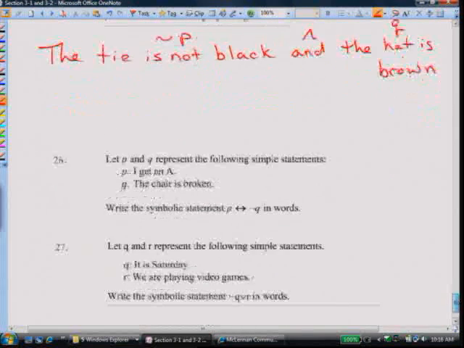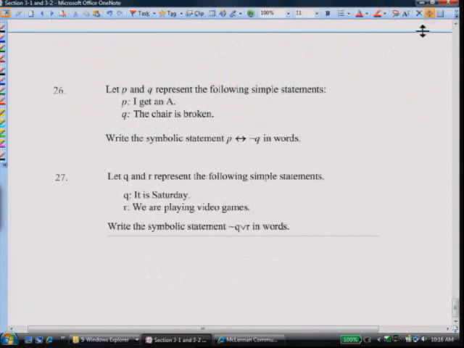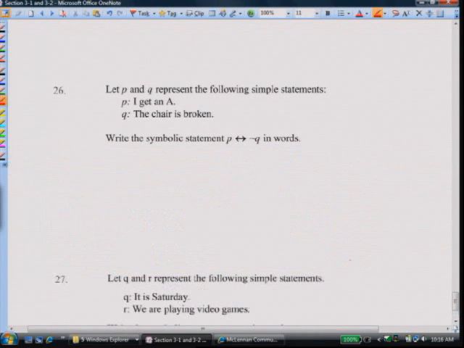Okay, one more or two more opportunities for success. Let P and Q represent the following simple statements. P: I get an A. Q: the chair is broken.